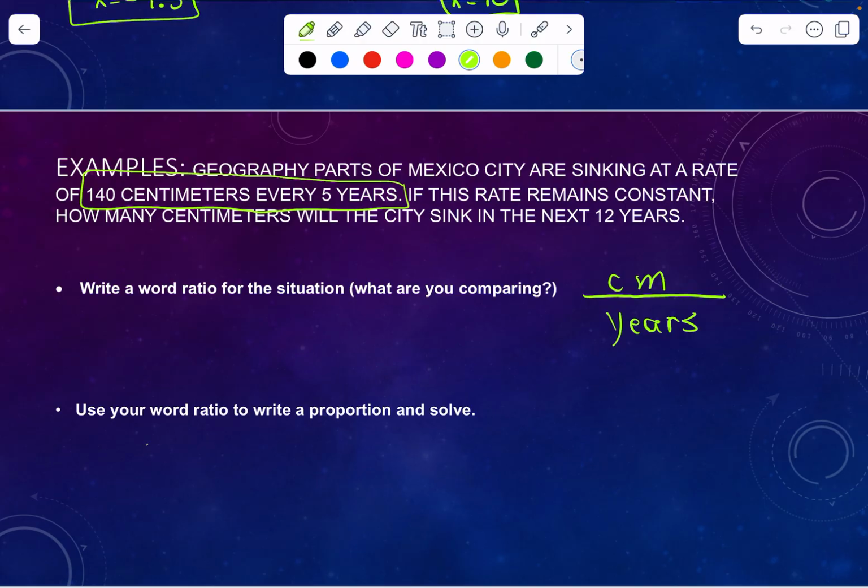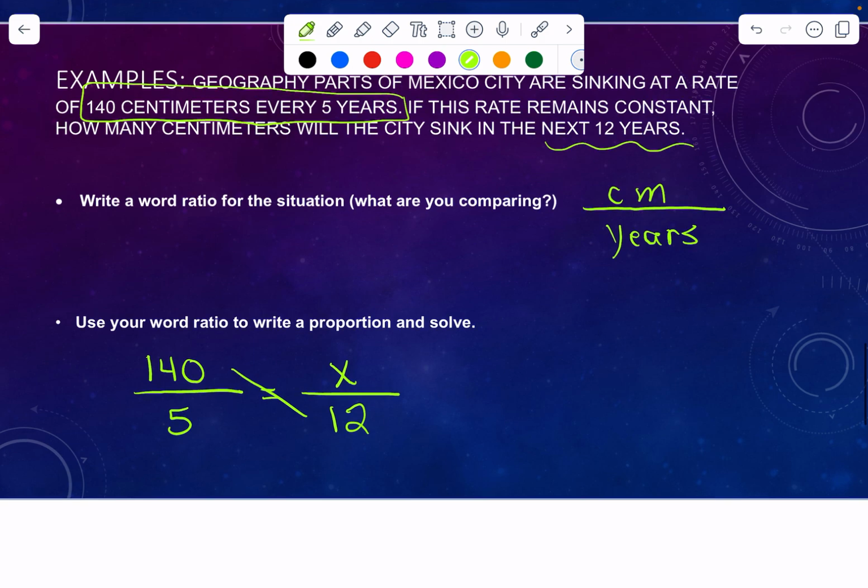We're going to start with the one that we're given: 140 centimeters is to 5 years. And now we want to know how many centimeters, which we don't know, is to 12 years. So now we cross multiply. We start off with 140 times 12, and that gets us 1,680 is equal to 5x.